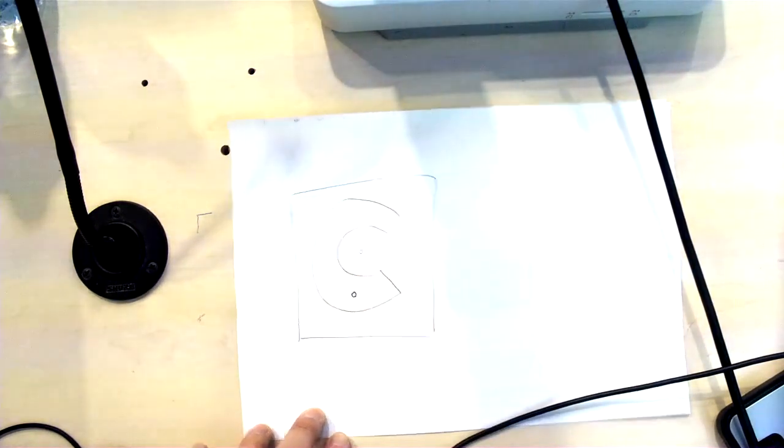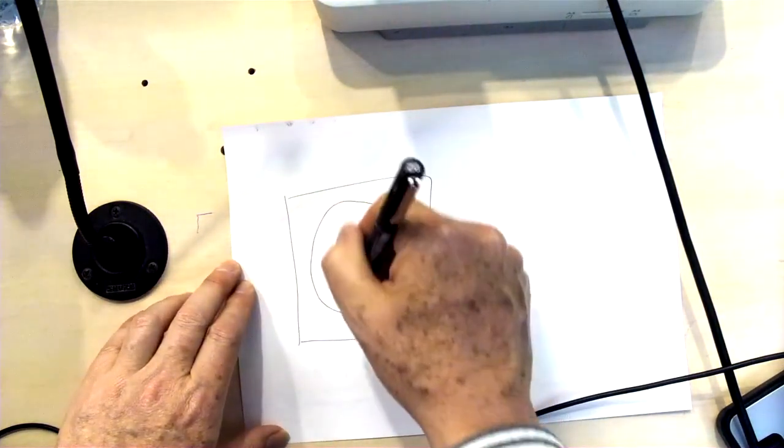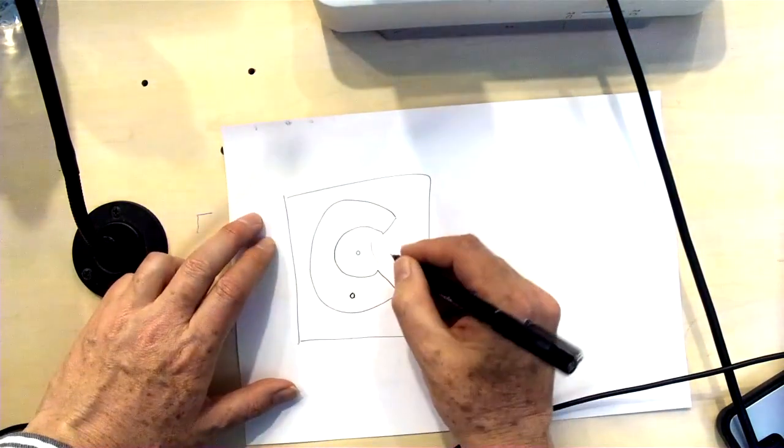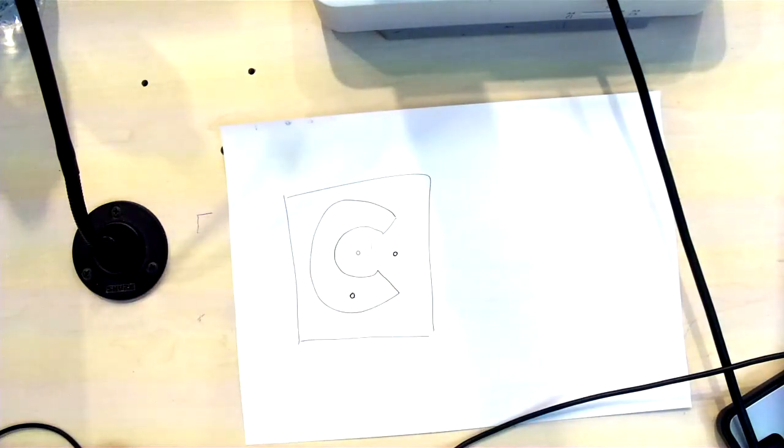But if this pixel is white, that makes it less likely that it's a C. It's more likely to be an I or something, a letter that covers the middle. And then pixels here would distinguish between a C and an O.